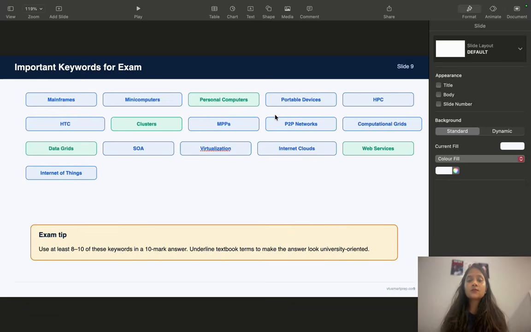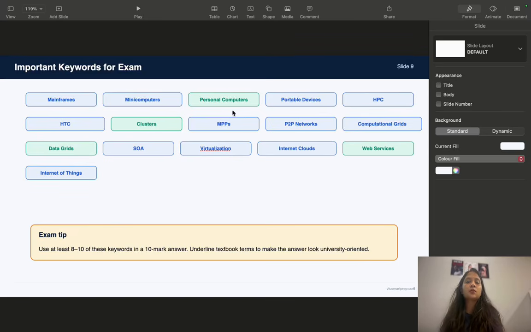Next are important keywords which you have to remember for the exam for this specific question. These keywords are very important. Make a short note, and write these keywords in the answer. Wherever you use them, underline them.